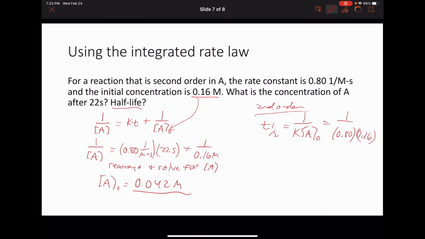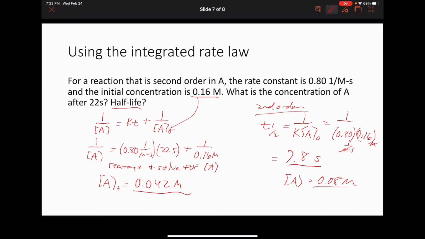I should have used my units, 1 over molar seconds, and that's molar. So it's going to be units of seconds, and we'll notice it's 7.8 seconds. So it takes 7.8 seconds for this reaction to reduce the concentration from 0.16 to 0.08. So the concentration at that time would be 0.08, because that's the definition of the half-life.